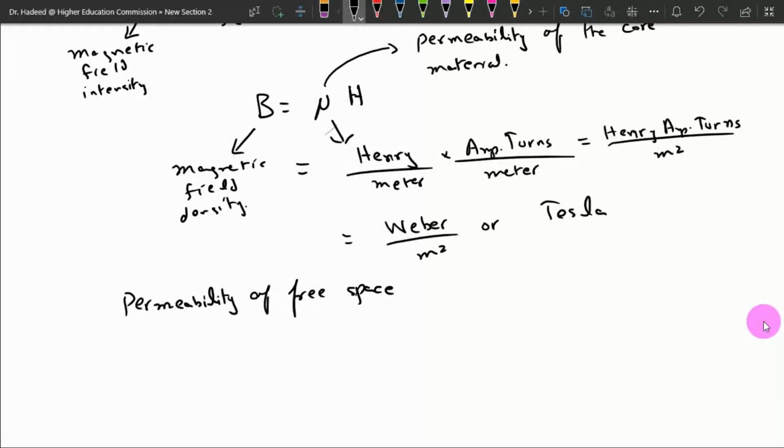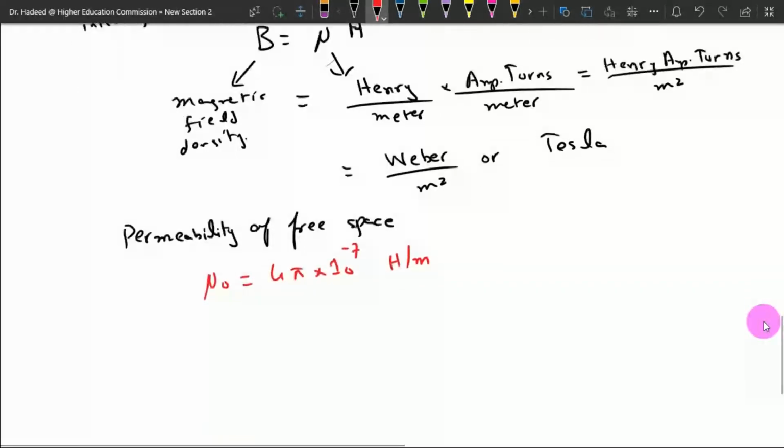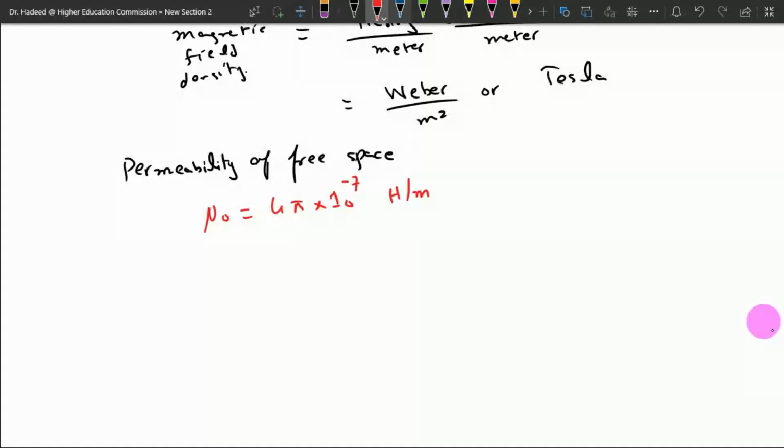You might have seen in your earlier physics course that this mu naught is equal to 4 pi into 10 raised to the power minus 7 Henry per meter. This is our base value, and based on this we measure the relative permeability, which equals the permeability of a given material divided by the permeability of free space. This gives us the relative permeability.